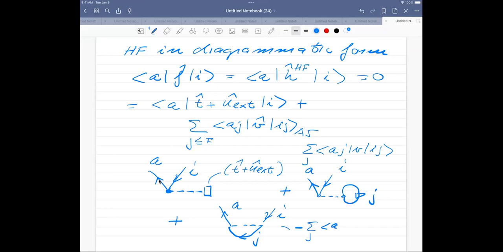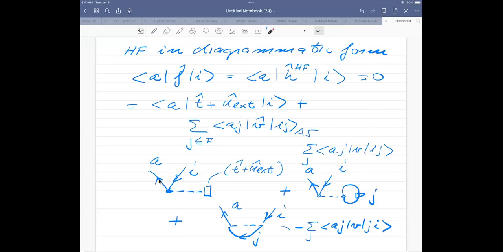We have a J and a V, and now J interchanges place with I. When you read off the diagram, you have an incoming hole line on the right side, because the I state is on the right side, and the J state is on the left side, but it also leaves from the right side. This is the way we would draw the Hartree-Fock equations.